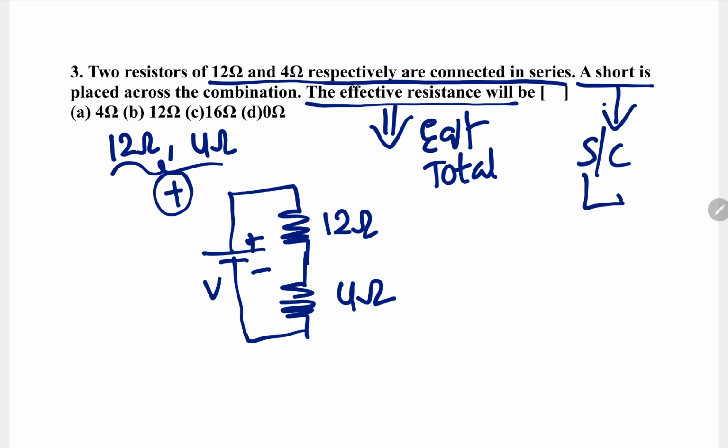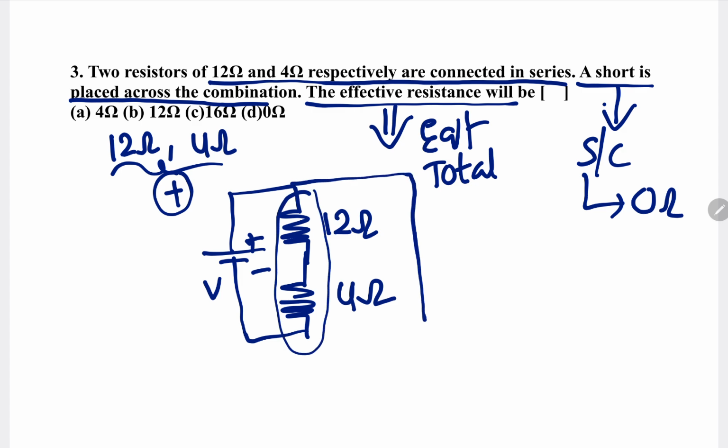Short circuit is nothing but 0 ohm resistance placed across the combination. So this is a series combination. Across means parallel connection. In parallel, a short circuit is placed. Short circuit is nothing but how much resistance? 0 ohm resistance. Now what is the total resistance?